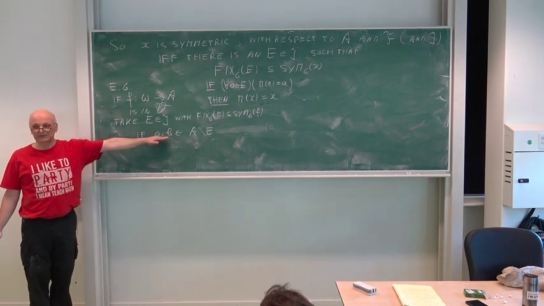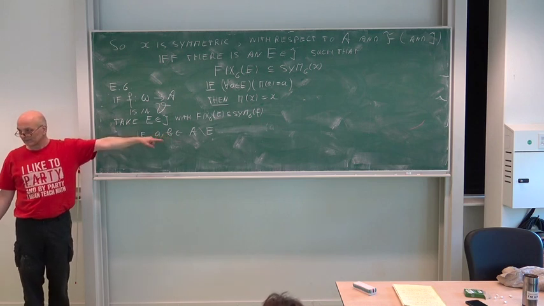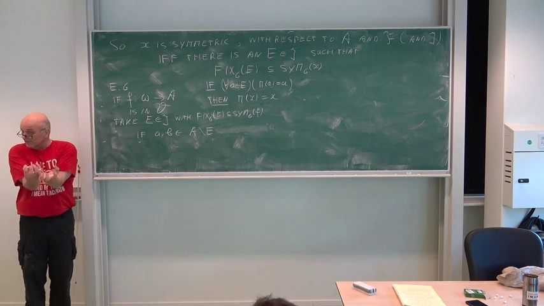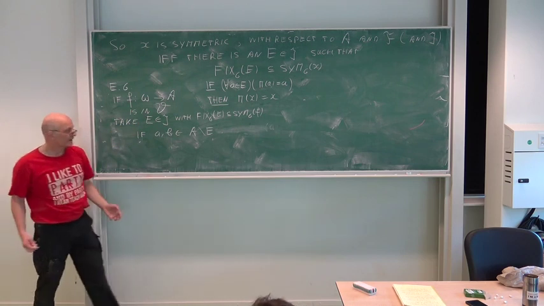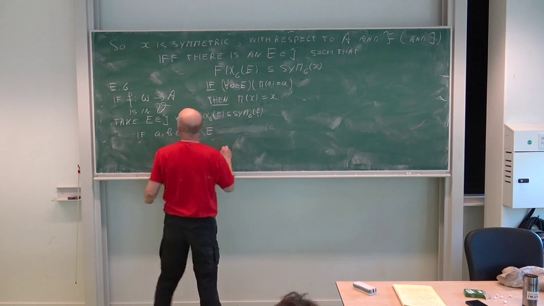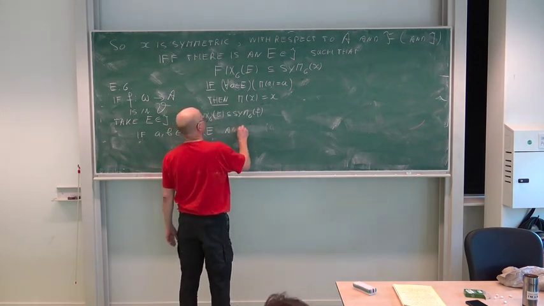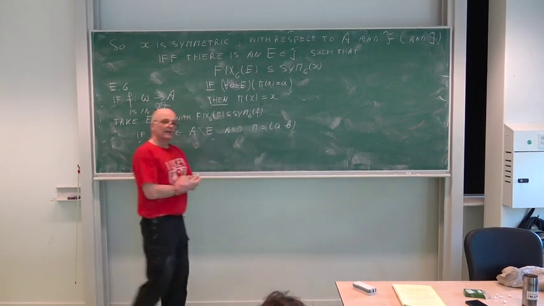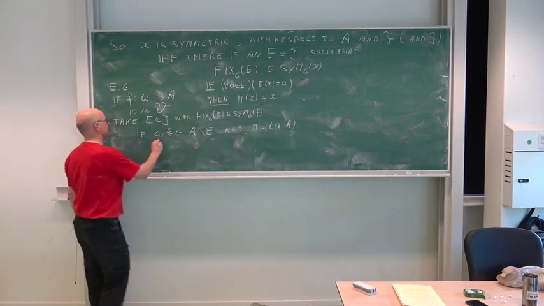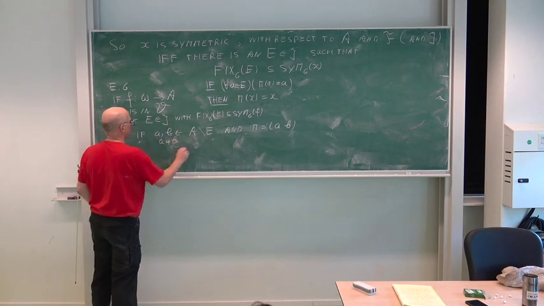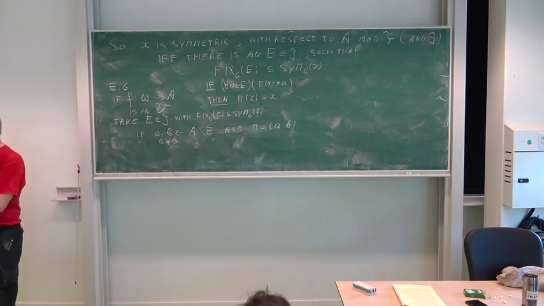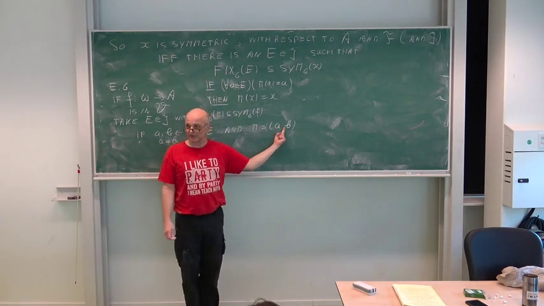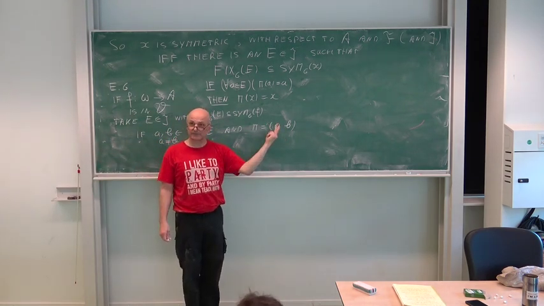Suppose I take two distinct members of A outside E. Remember, the members of I are small. Of course, I take a not equal to b because why bother? Okay, and this is the cycle notation. So this is the permutation that only flips a and b.